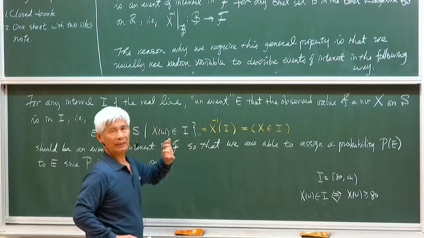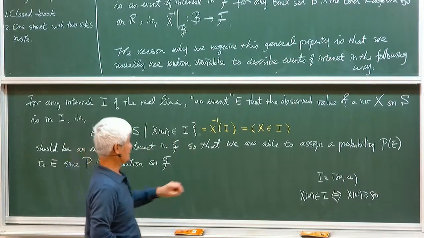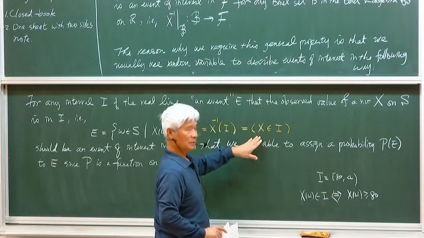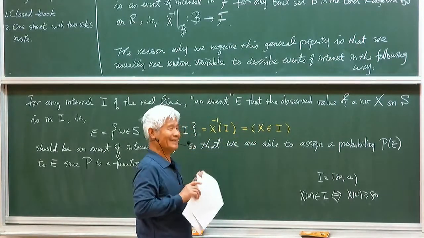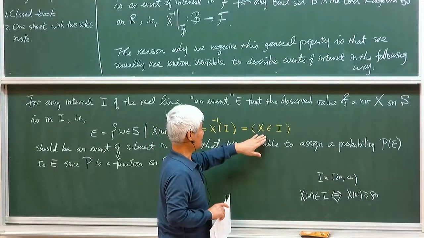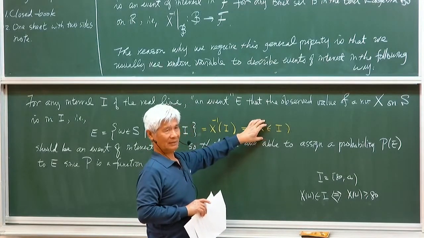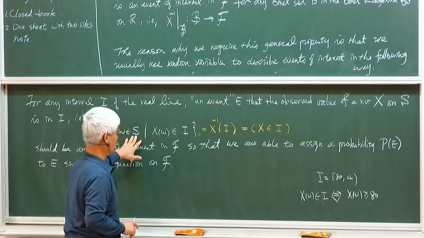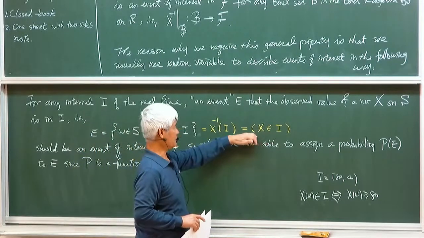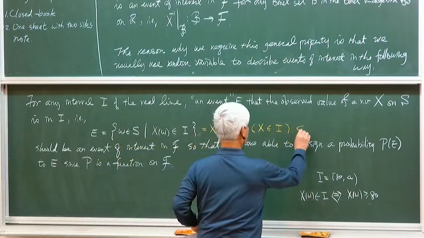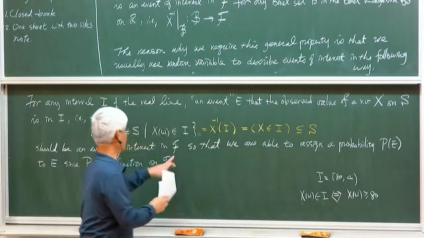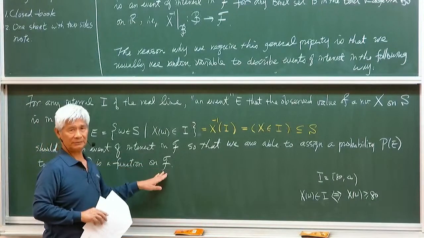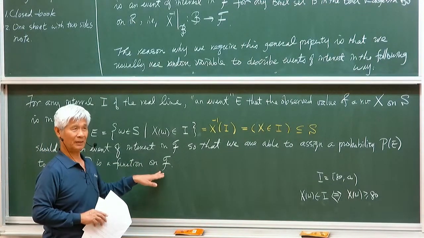And if we describe an event in this way, then we want to be able to assign a probability for that. But to be able to assign probability to such a subset of the sample space, this subset should be in the sigma algebra we selected. Why? Because we define probability just on members of the sigma algebra we selected.